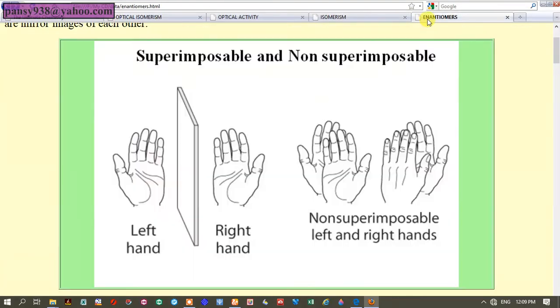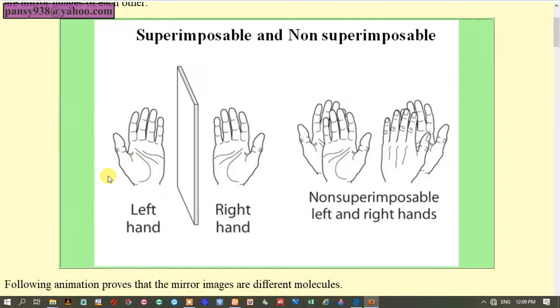Just like the mirror image of a left hand is shown in the mirror as a right hand.